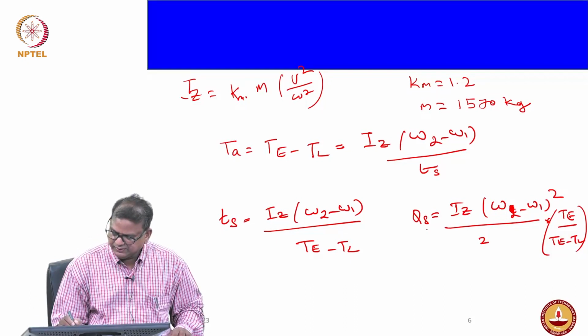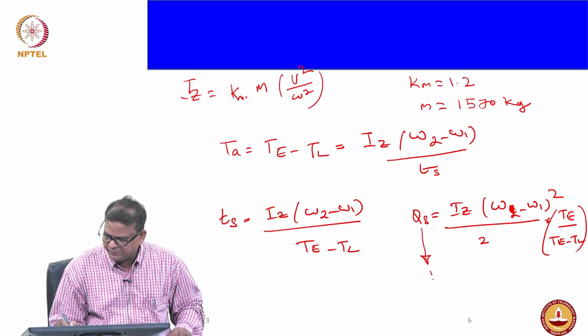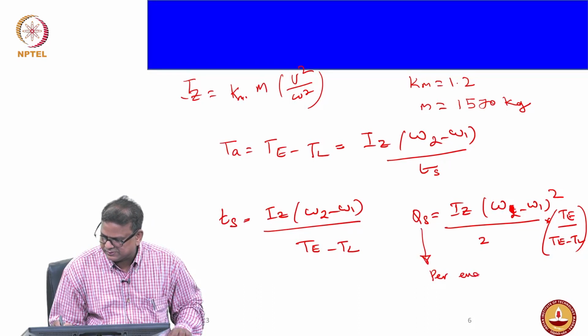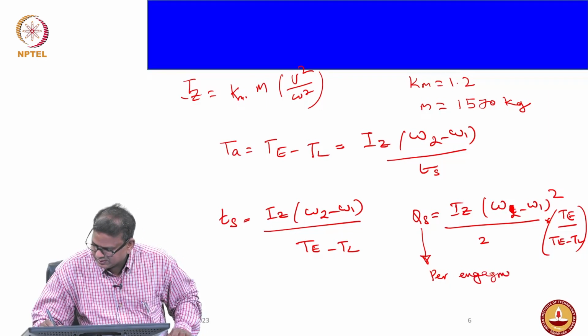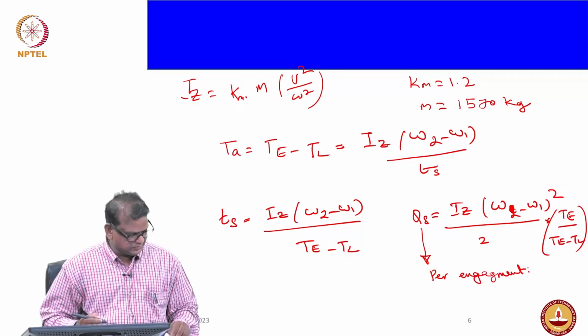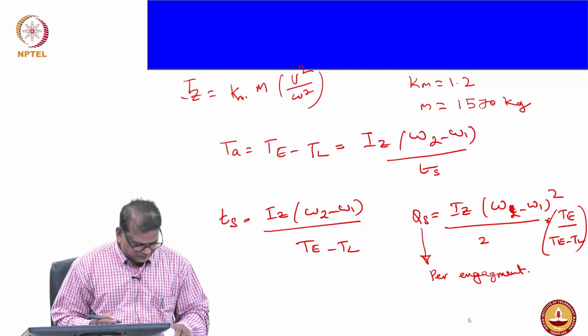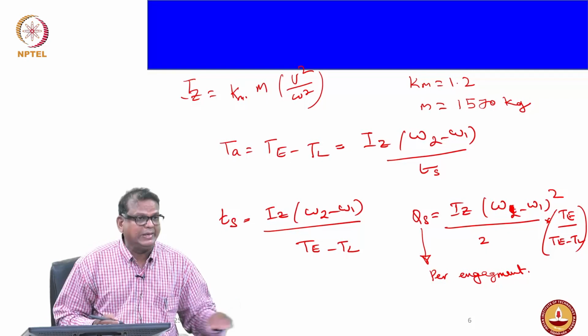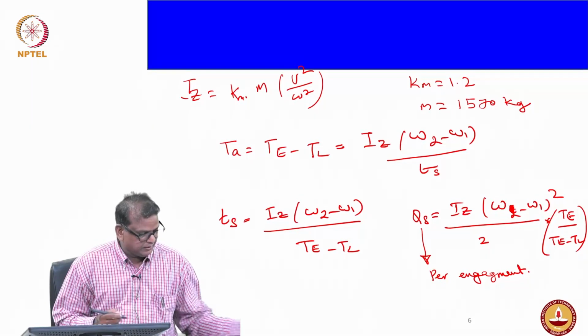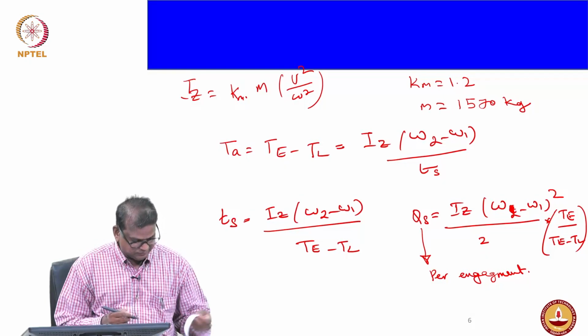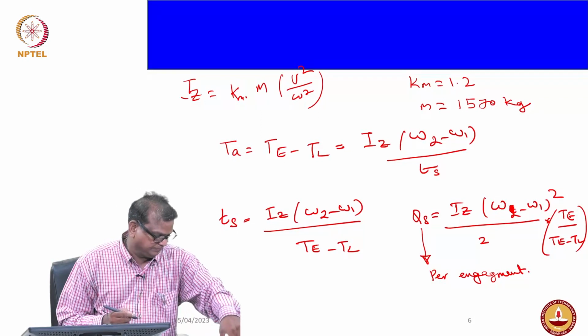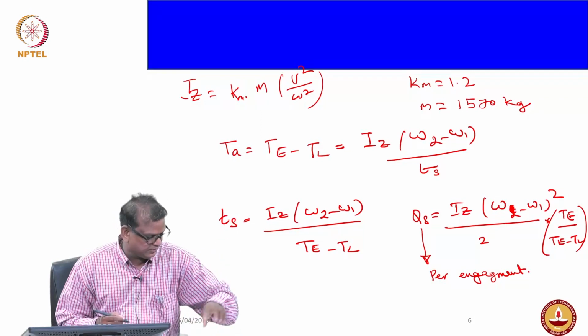This is the heat generation per engagement. So, based on this we are going to calculate for each gear what the heat generation will be. That is what we are going to do.